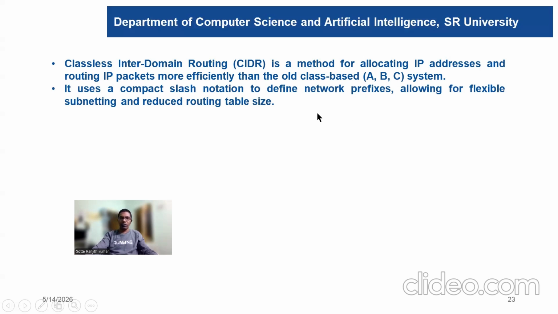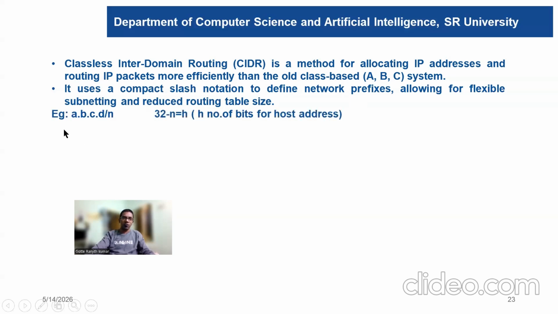Because there is no class; if there is a class, we can decide which part is network part and which part is host part. But here there are no classes, this is classless. So that's why this slash notation is used, and it defines the network prefix, a number that decides how many bits from the IP address are used for the network address.